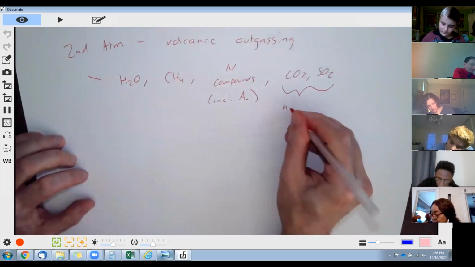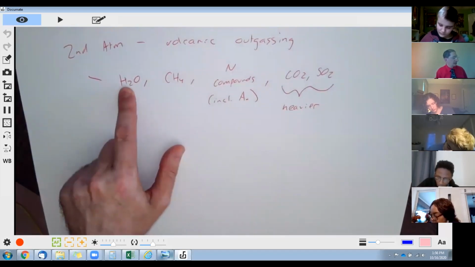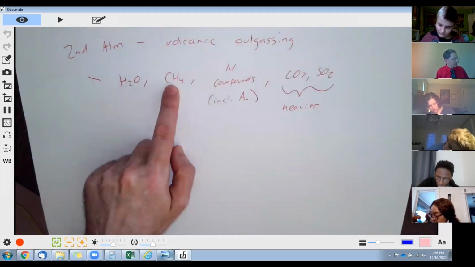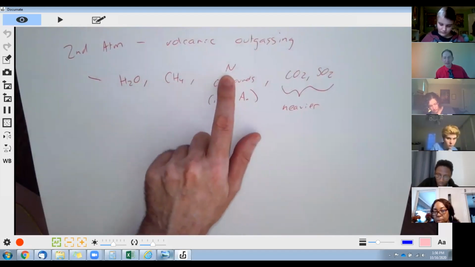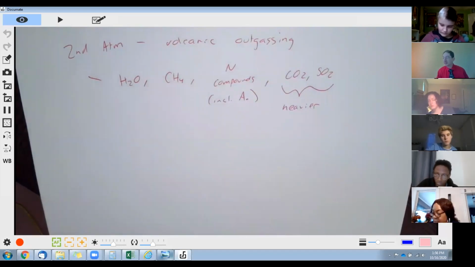And this stuff is heavier, I should just point out. Hydrogen's lightweight. This has one heavy thing, this has one heavy thing. These usually have one heavy thing, nitrogen, but these each have three. So they're heavier elements, molecules that have come together under the surface. And let's go through the progression of what happens to each of these.